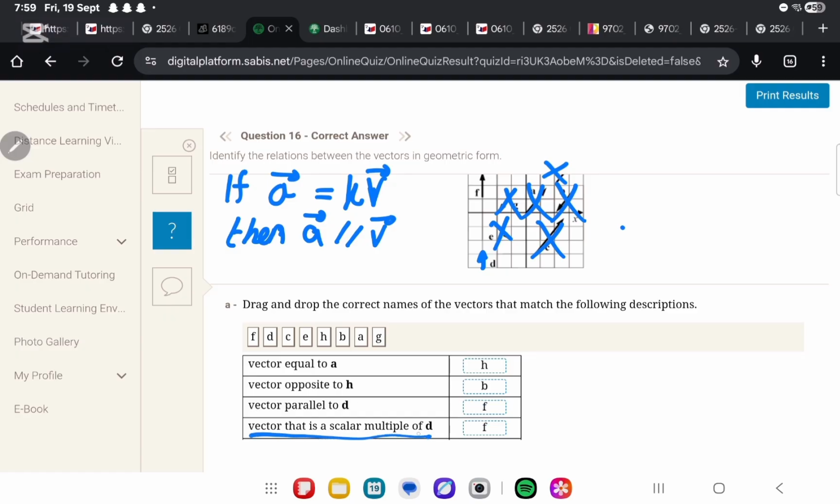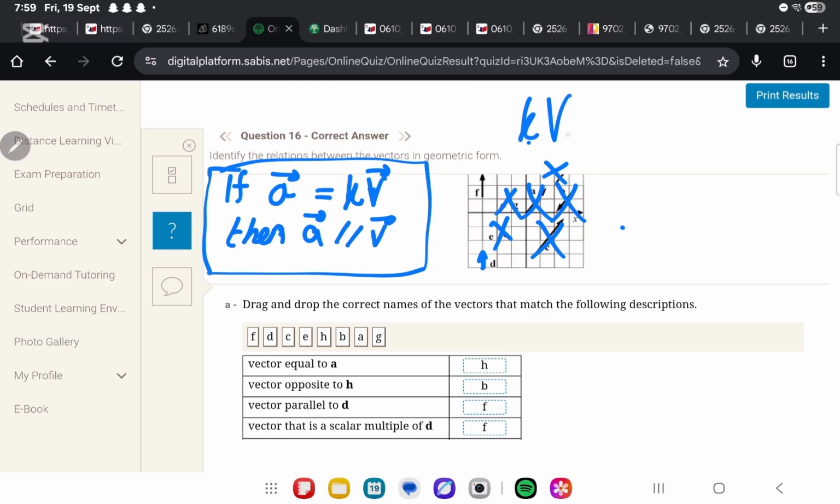Now, vector that's a scalar multiple. I just answered this with this. A scalar multiple means a constant, any constant times a vector. Because this is a scalar and it's getting multiplied, it's a scalar multiple of a vector. So that means that F is my scalar multiple, because as you can see, this is going one up, and then this is going 2.